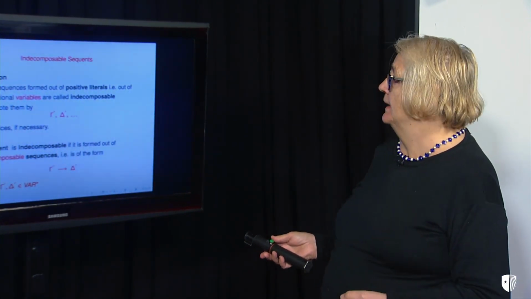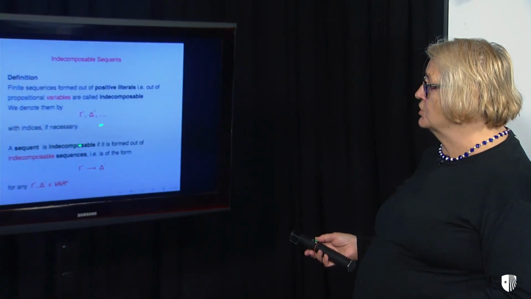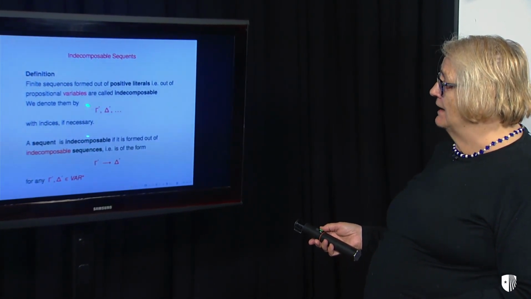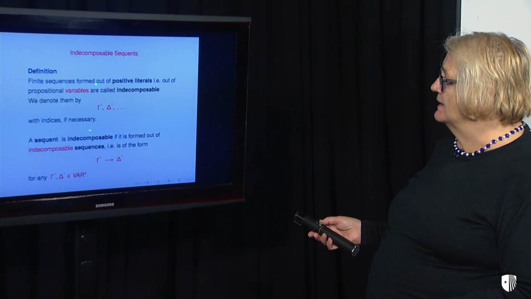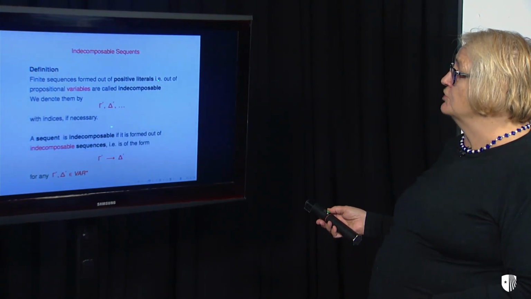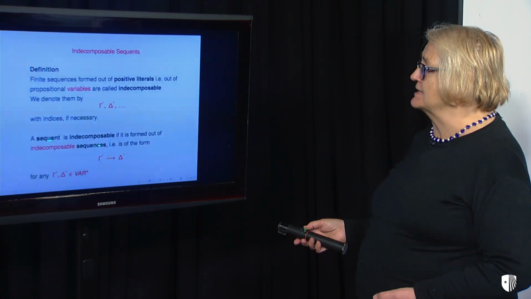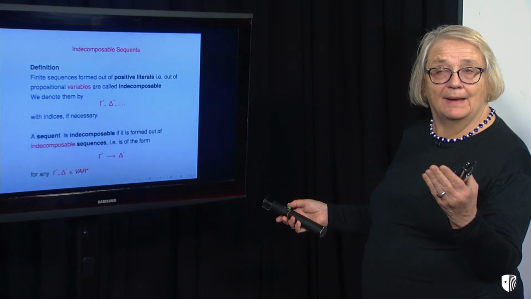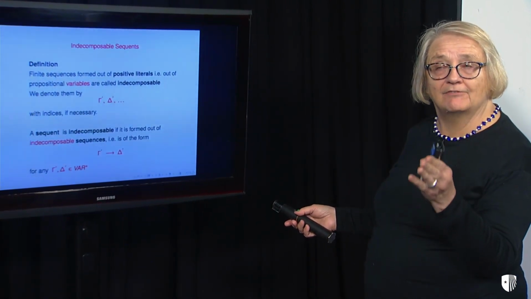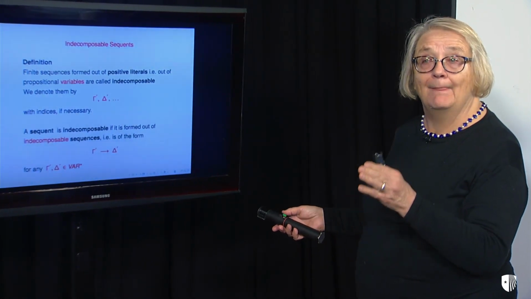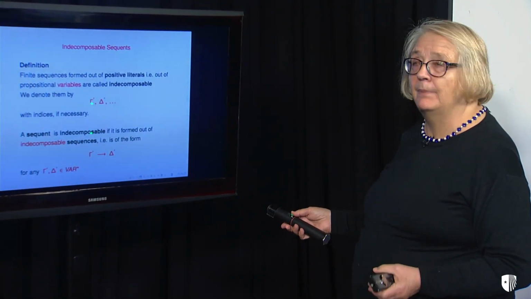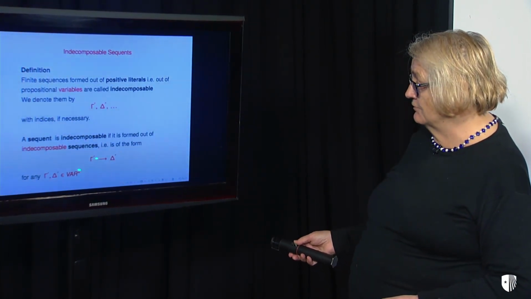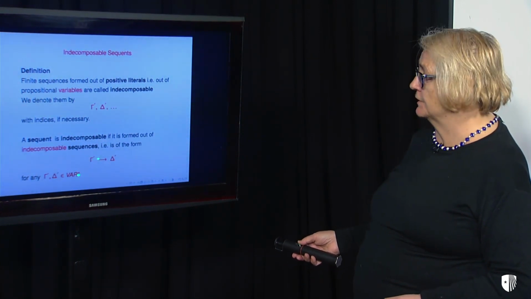For example, here we also use gamma prime, but now finite gamma primes are finite sequences formed out of positive literals. In RS, gamma prime were literals: you could have variables and negations of variables. Now, in this system, gamma prime is only variables. Gamma prime, delta prime are sequences of variables, which we call positive literals.